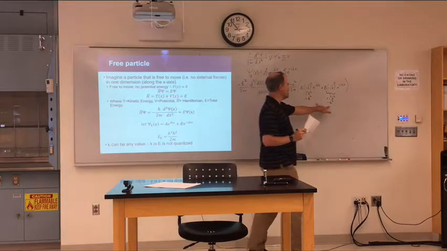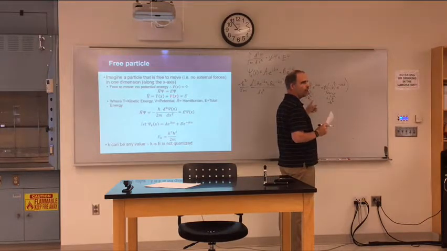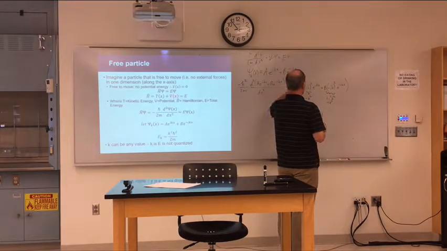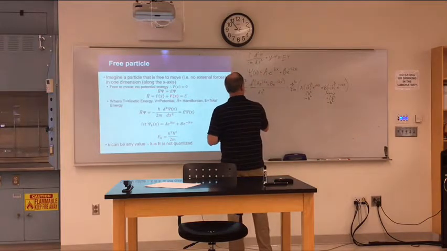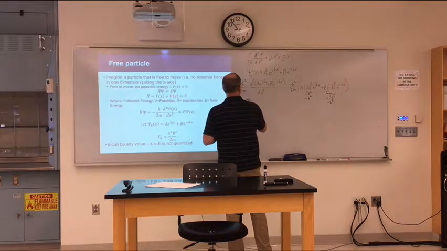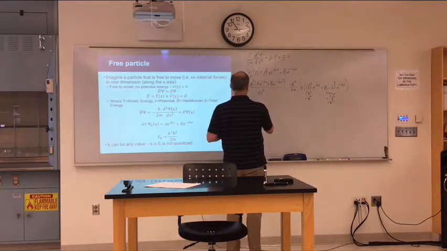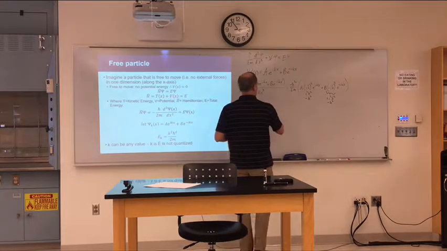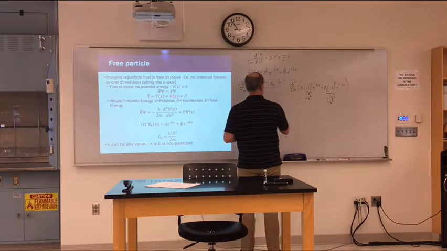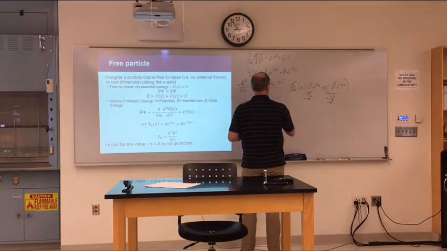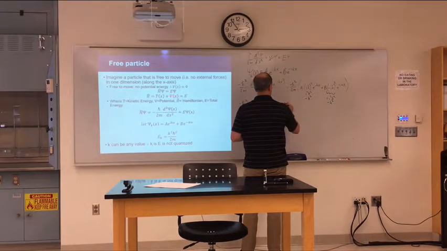So we can pull the negative k squared out, and that would give us minus h bar squared over 2m times negative k squared times a e^(ikx) plus b e^(-ikx).